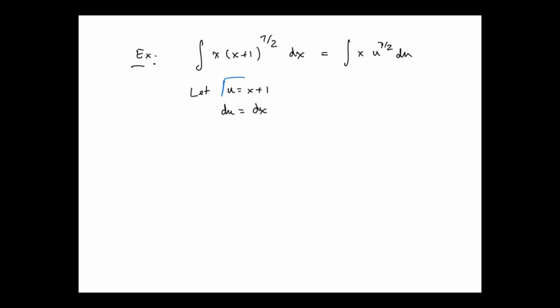So you might think that we're in trouble, but what could I do instead? Well, if u is equal to x plus 1, what's x? Ah, and then I'm going to take that and substitute it in here.